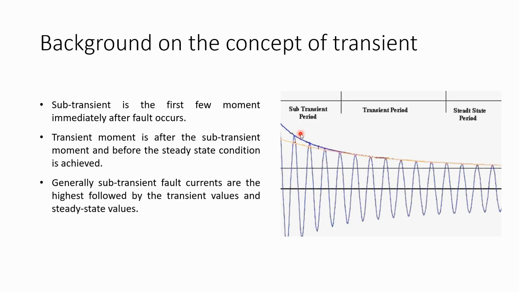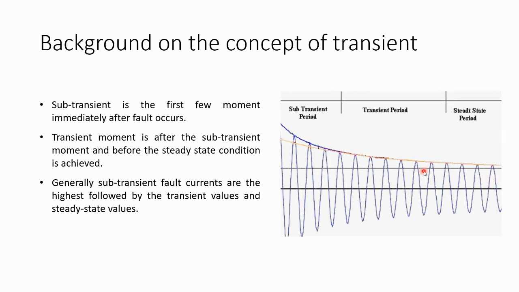And during this time, the fault current surges to a very high level and gradually reduces as it enters the transient period, which reduces further as the fault enters its steady-state period. The fault current in the steady-state period will remain there at a constant value until it is cleared by protection system devices.